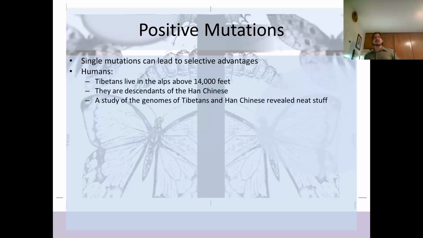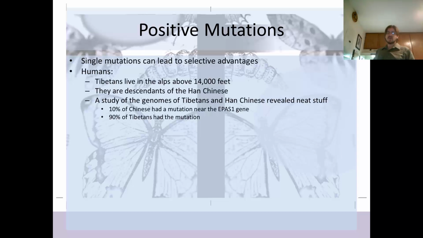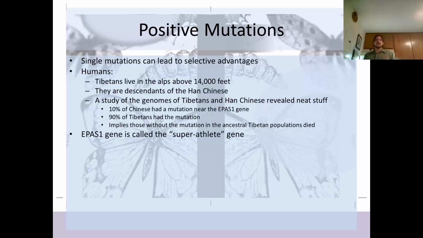And a study of the genomes of Tibetans and Han Chinese revealed some kind of neat stuff. 10% of the Han Chinese had a mutation near the EPAS1 gene. And 90% of Tibetans had that mutation. Meaning there had to be a pretty big natural pressure for Tibetans to show this mutation. Well, basically, it implies those without the mutation in the ancestral Tibetan populations died off.